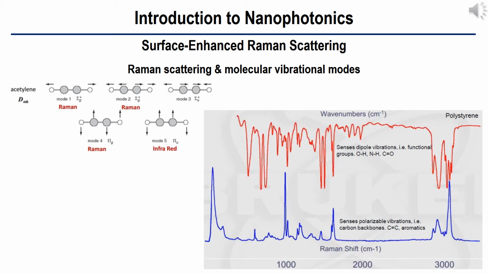Therefore, to investigate the detailed information of molecular vibrations, we can combine infrared spectroscopy, such as Fourier transform infrared, or FTIR, and Raman scattering spectroscopy. For example, we can find that some peaks overlap and some do not in this spectroscopy of polystyrene revealed by FTIR and Raman spectroscopy.